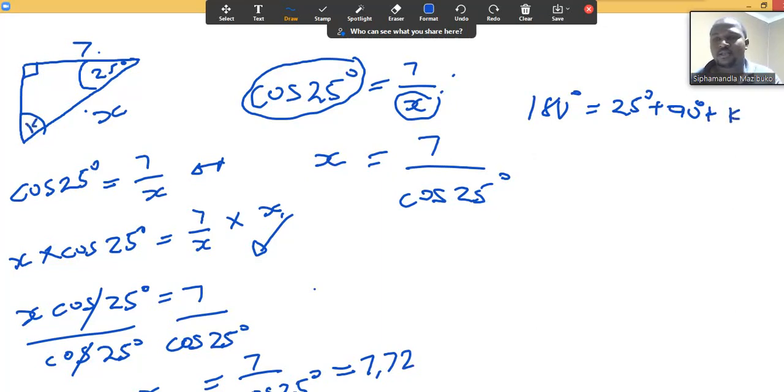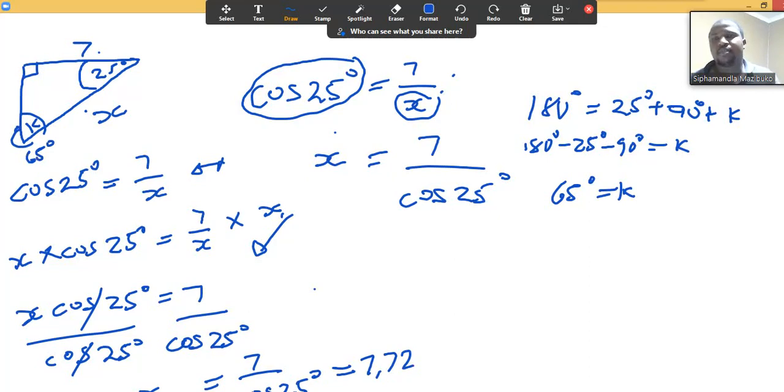Okay, so in our calculator we can say 180 degrees minus 25 degrees minus 90 degrees is equal to angle K, which is 65. So this angle here is 65 degrees.